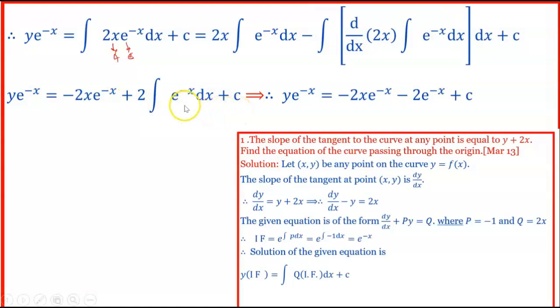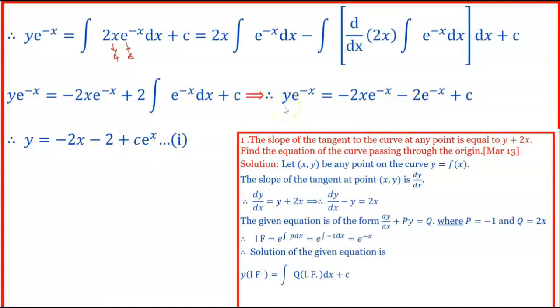Next, what is the integral of e raised to minus x? It is minus e raised to minus x. Therefore, overall you will have minus 2x e raised to minus x minus 2 e raised to minus x plus c. Therefore, you will have y is equal to minus 2x minus 2 plus c into e raised to x, dividing on both sides by e raised to minus x.